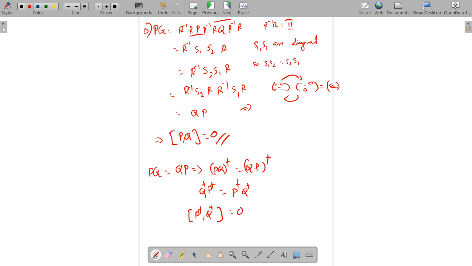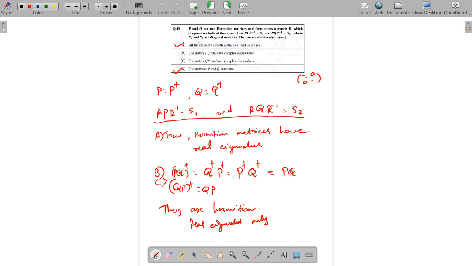So P and Q commute. Given that this is true, we can also find that P dagger and Q dagger commute. So that means D is true. Now applying that to B and C, you get what they are saying.